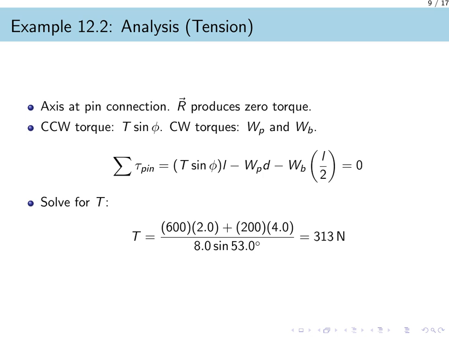Because we chose our axis wisely, this equation has only one unknown, the tension, T. We can now rearrange the formula and substitute the known values to solve for T, which gives a result of 313 newtons.